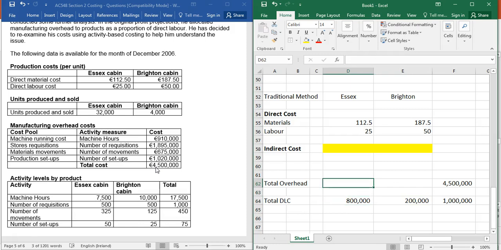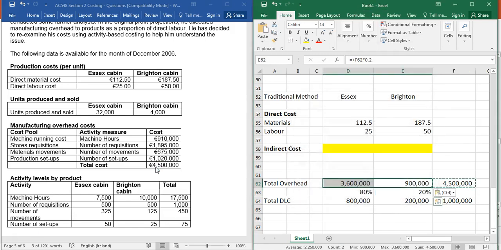The more labour cost you have, the more overheads. And we know from prior questions and prior discussions in class, that may be too crude. But 80%, 0.8, so we'll say 80% there, and 20% for Brighton. So they get a fifth. So we've allocated the 4.5 million, 3.6 million to Essex, and 900 grand to Brighton.